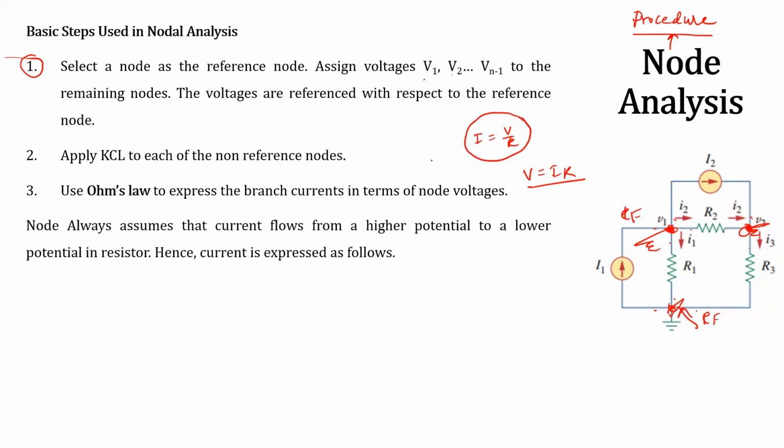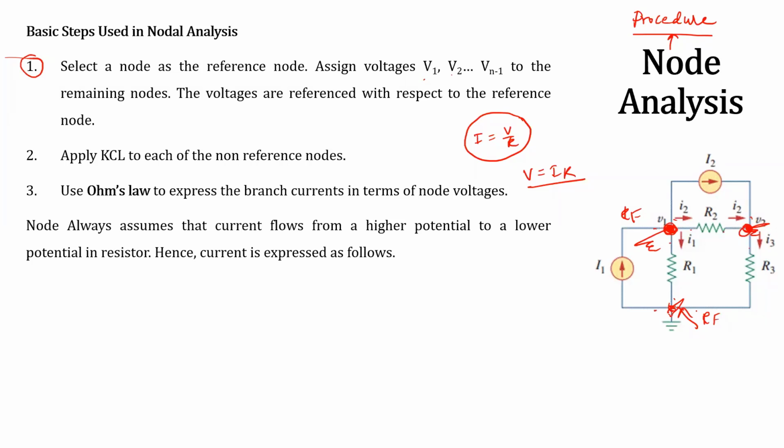All right. So while applying Ohm's law, node analysis always assumes that the current flows from a higher potential to a lower potential in a resistor. Hence, current is expressed as follows. When a node is assumed, always assume that it is at a higher potential. When applying KCL at node V2, assume that V2 is at a higher potential compared to the remaining nodes.